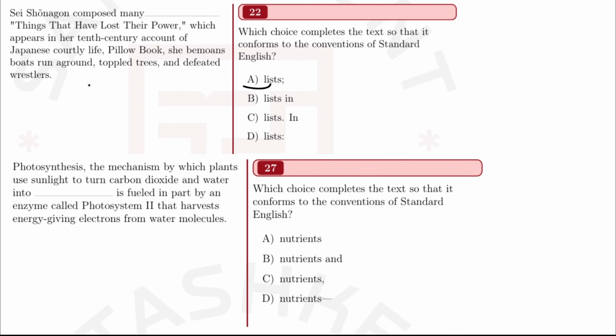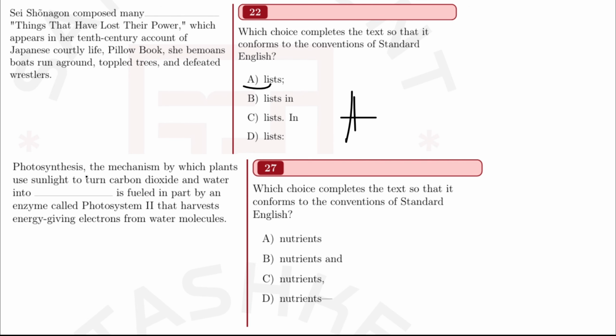Since both parts are complete sentences, we need proper punctuation to connect them. A semicolon is correct because it joins two closely related independent clauses without using a conjunction. So the sentence should read this way. A is the correct answer.